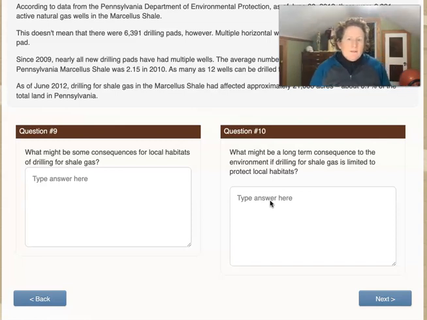But the long-term consequences of not having natural gas might mean a lot of people are cold. So it would slow down climate change, or we might have to burn coal, and then we might have to go back to that nasty air pollution from coal, or it might encourage us to use more renewables.